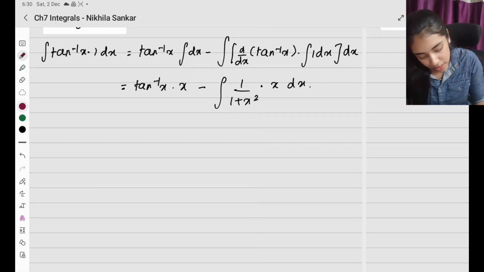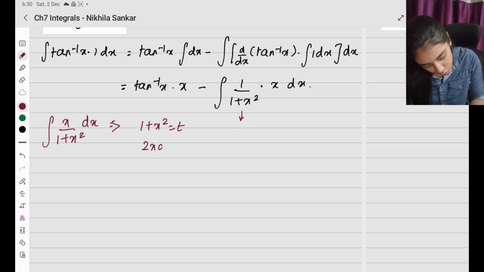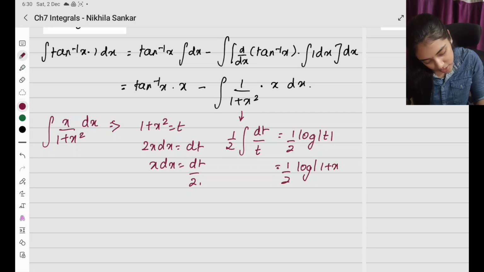In the integral, we have done a lot of substitution. So the integral of x divided by 1 plus x square dx. With substitution, 1 plus x square equals t, 2x dx equals dt, x dx equals dt by 2. So the integral of dt by 2 divided by t is half log mod t, which is half log mod 1 plus x square.